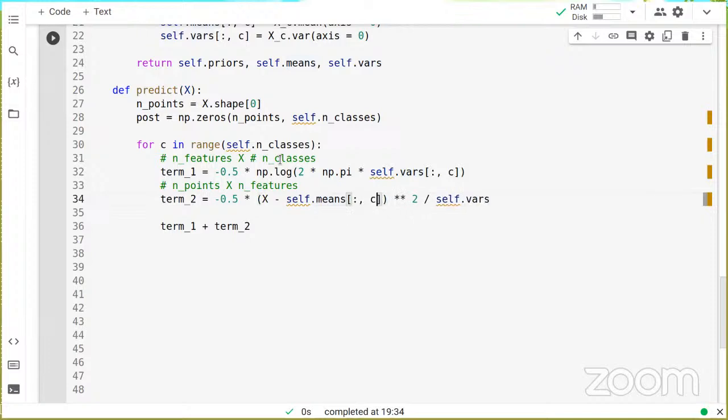Yes. Okay, yeah, good point. Thank you. I was missing this. So this is now what? Term 1 will now become just the number of features. Term 2 will become n points cross n features. Okay, which is fine. I think this broadcasting works here. I believe it works.